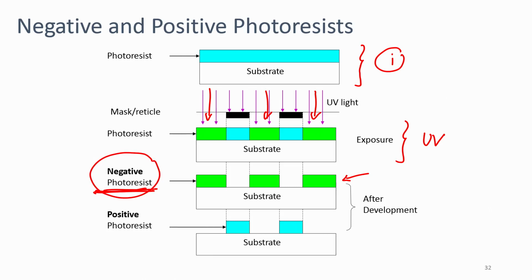while in case of positive photoresist, the area which is exposed becomes weaker.